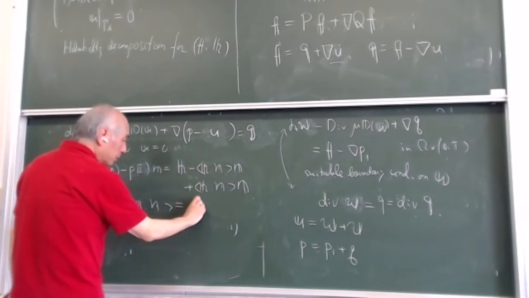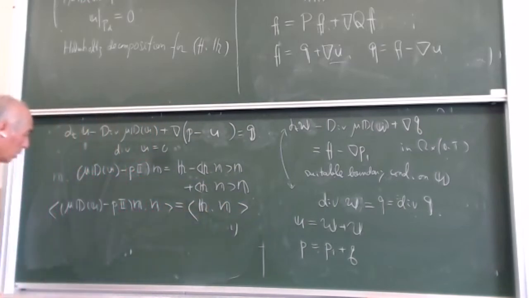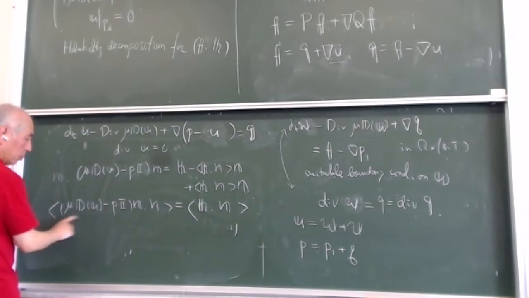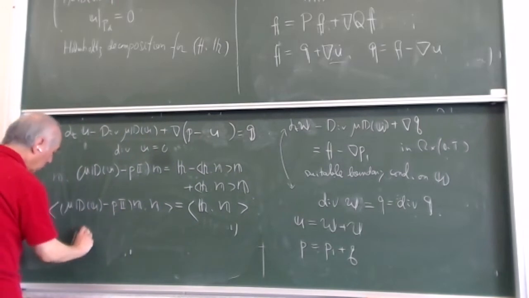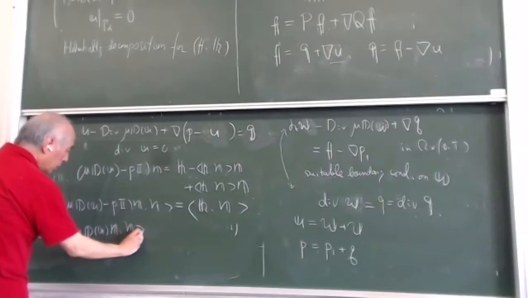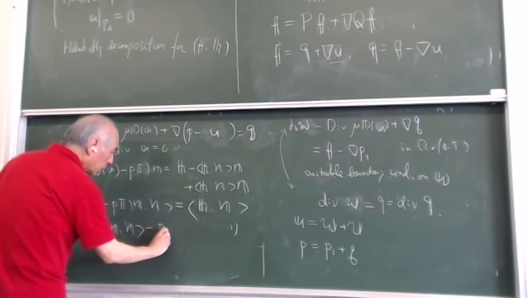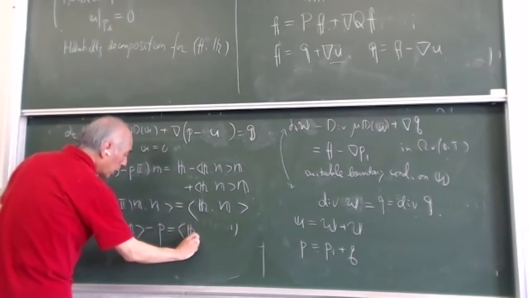So you have this one. Here is still vector, therefore right n. So this is scalar n, so minus p to h.